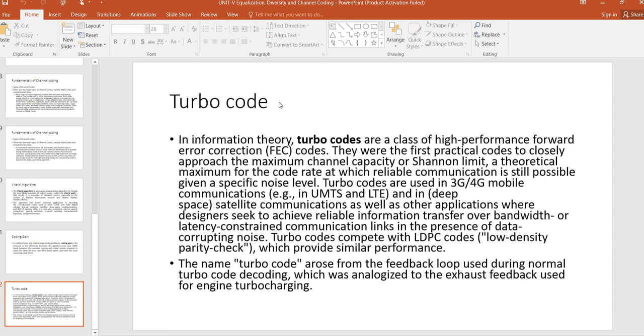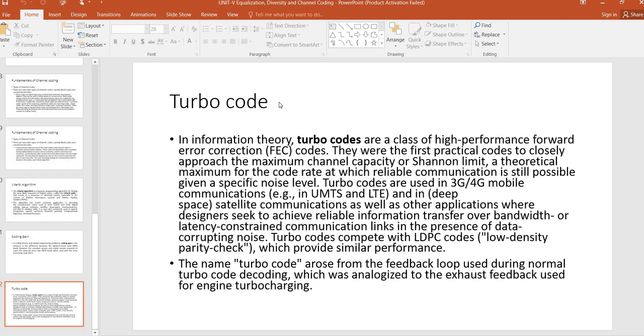Let's go to the next point, turbo code. In information theory, turbo codes are a class of high performance forward error correction, FEC, codes. That's very important.